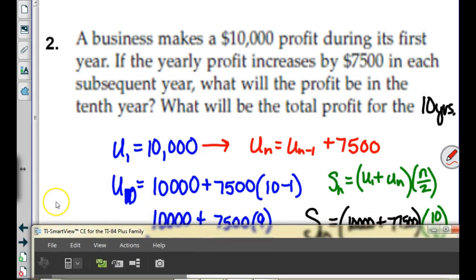Okay, we could have found them all and added them up in a third of the time. Moving on to number 3.